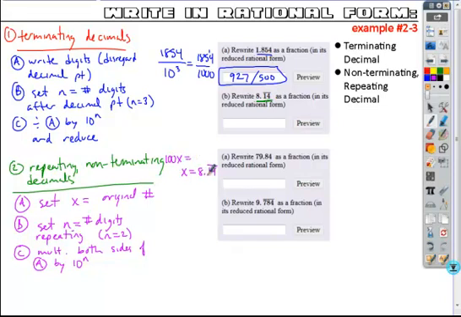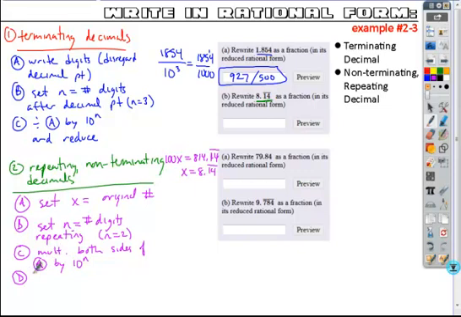And here, multiplying by 100 moves my decimal 2 places to the right, so I get 814. And because the 14 continues repeating, I get 141414 and so on. And notice I wrote that equation above my original equation.